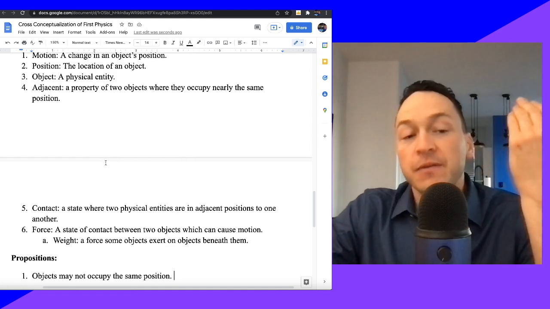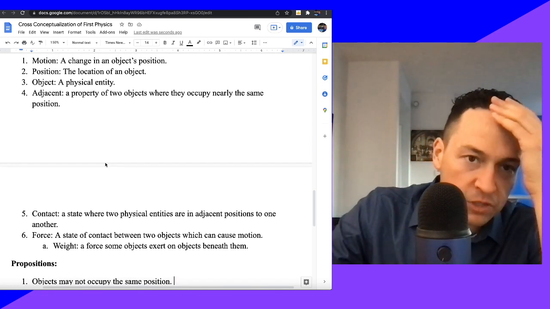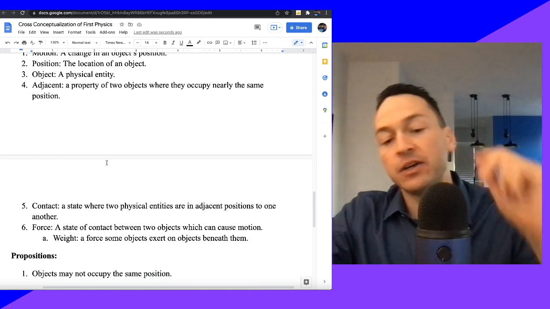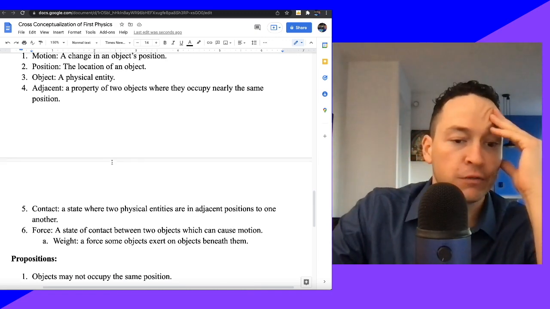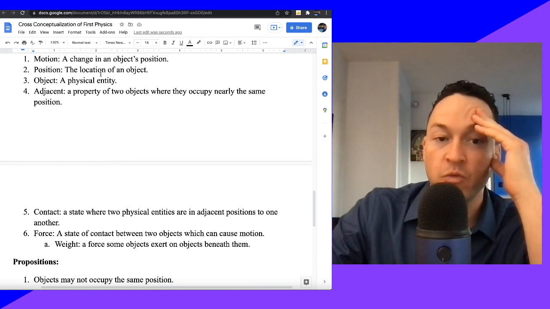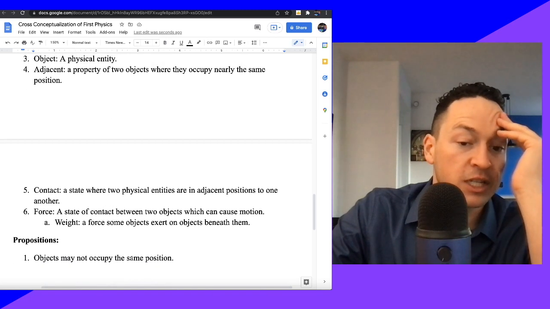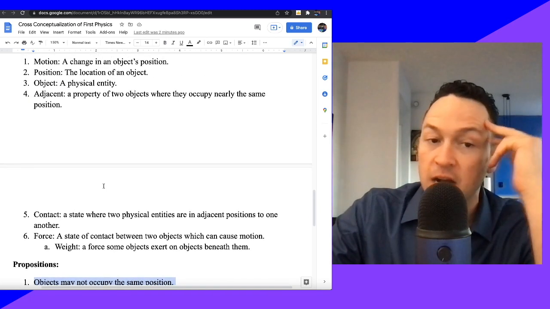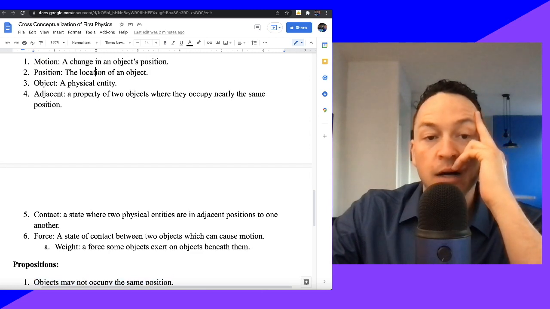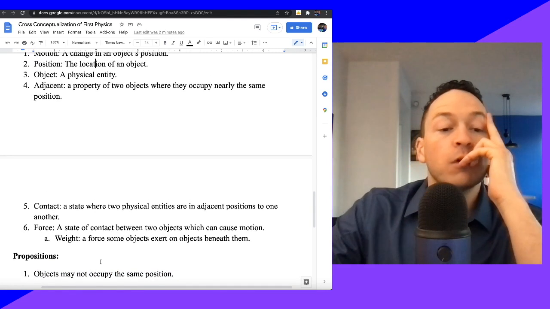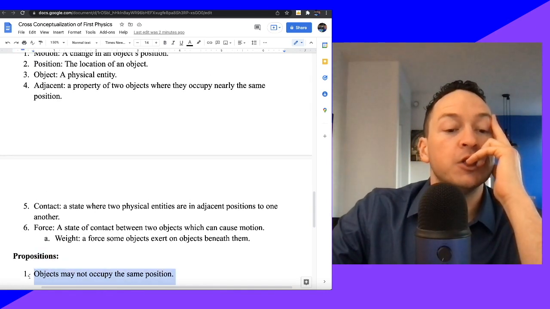So this is the important kind of stuff that you'd have to think about in order to begin first physics. What do I even mean by position? What are some of the characteristics of position? Here's one of them: objects can't occupy the same position. And it's worth noting that these are observed facts.